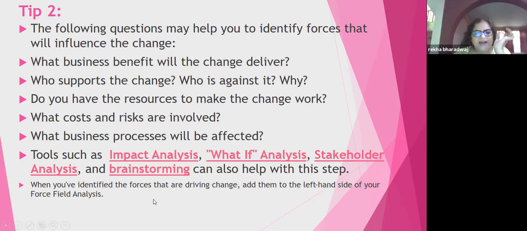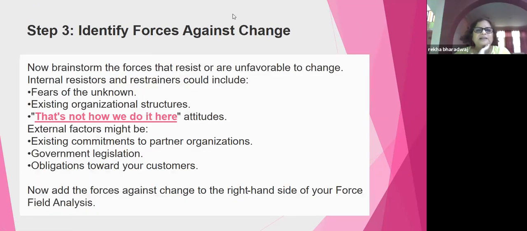When you have identified the forces that are driving change, add them to the left side of your force field. Then, in the same way, identify forces that are against change. Now, brainstorm the forces that resist or are unfavorable to change.